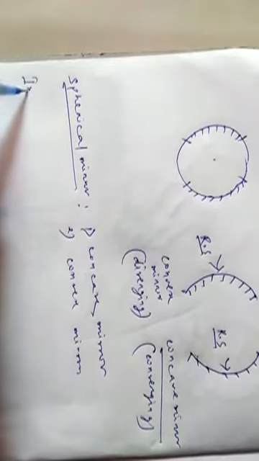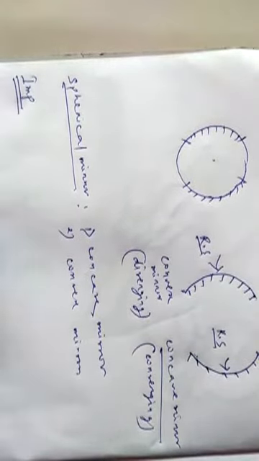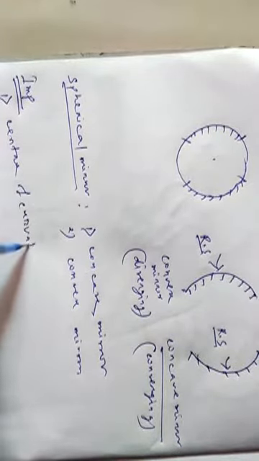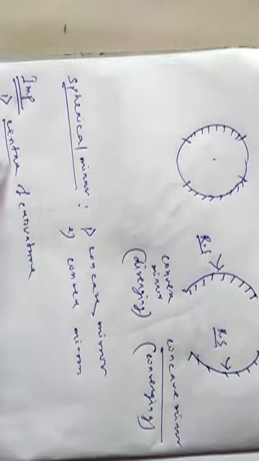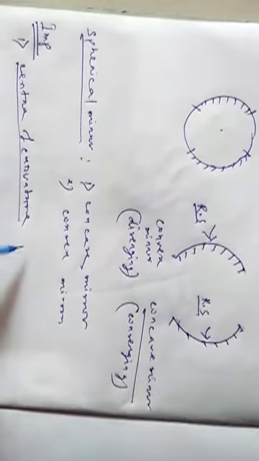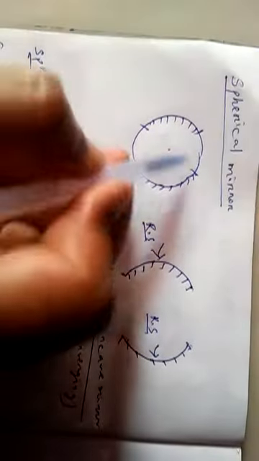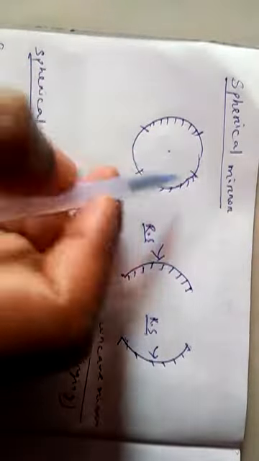Now let you know some important definitions connected with spherical mirror. So first, what is center of curvature? Center of curvature, C. As you know, since spherical mirror is the part of a sphere, it has a center.